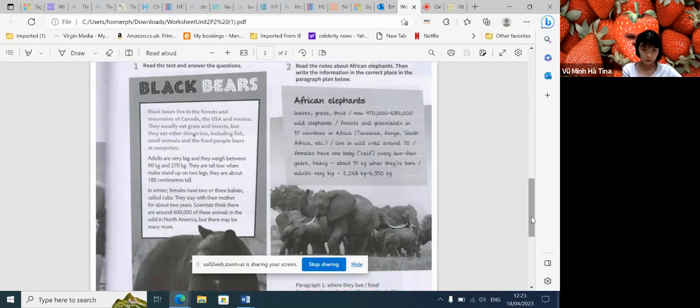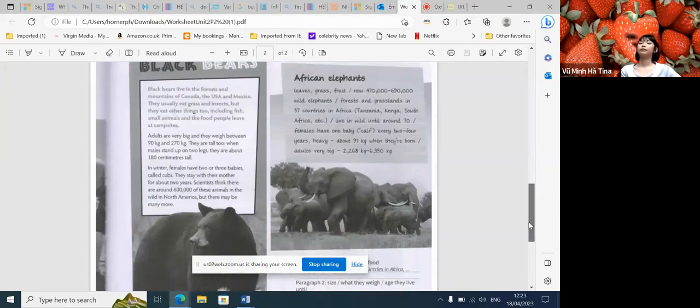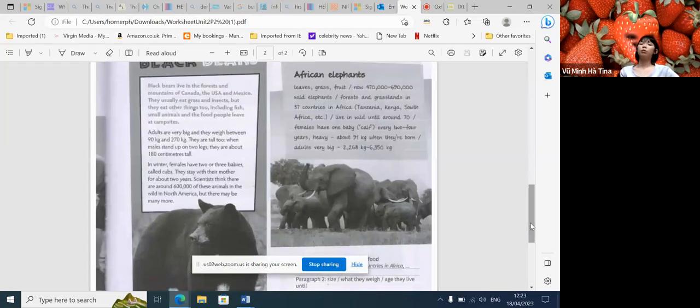They are tall too. When males stand up on 2 legs, they are about 180 centimeters tall. In winter, females have 2 or 3 babies called cubs. They stay with their mother for about 2 years.